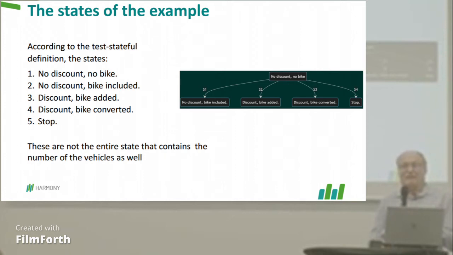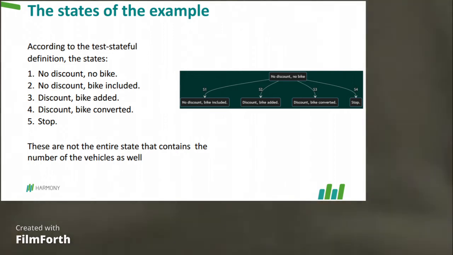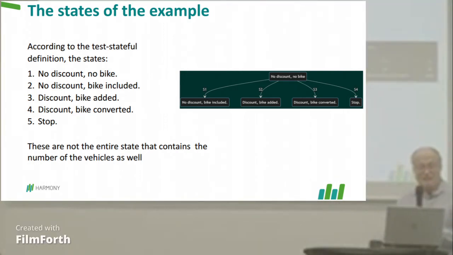But after we add the third car, we arrive at a different state, because the computation is different: not only has the third car been added, but a free bike as well. So it's a different computation and a different state.